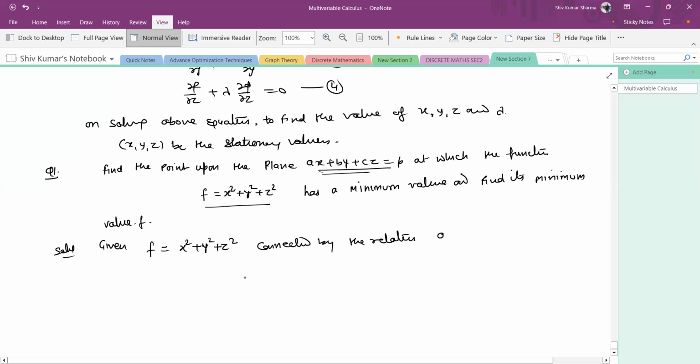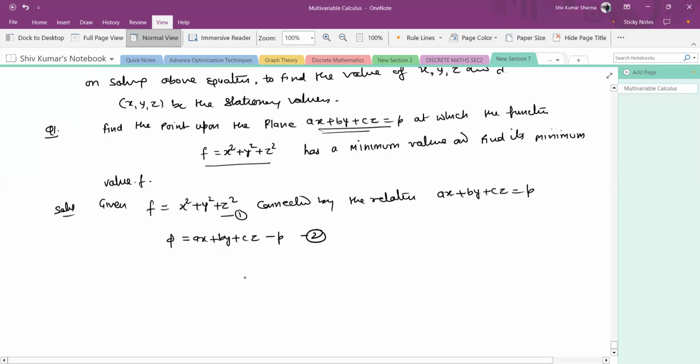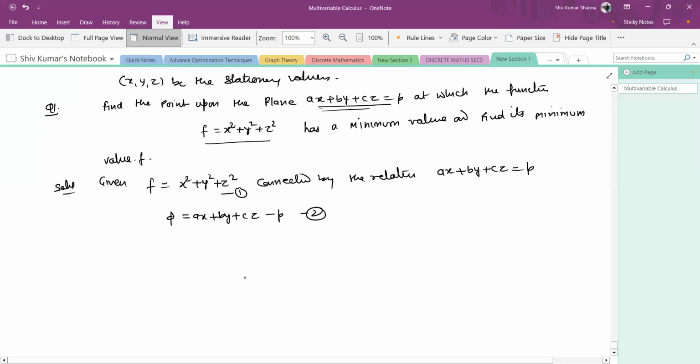So that is the second function, ax plus by plus cz is equal to p. Now we consider this as function phi, the second function, phi equal to ax plus by plus cz minus p. So this is our second equation, and we make the Lagrange function.